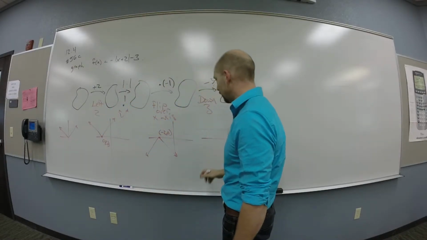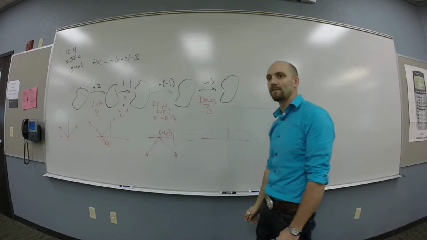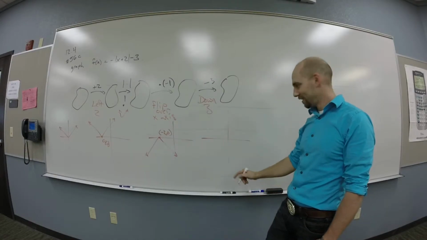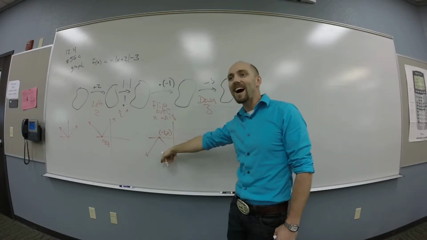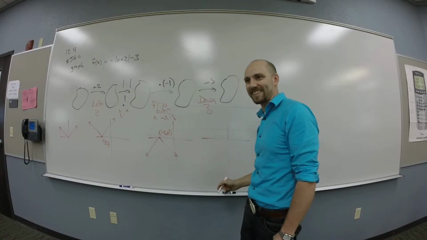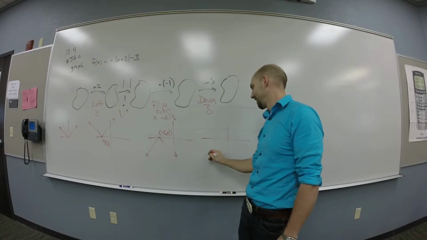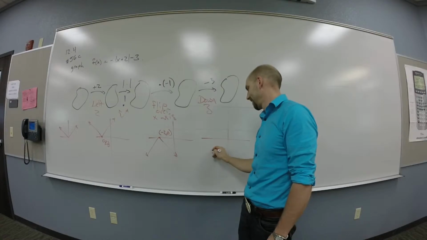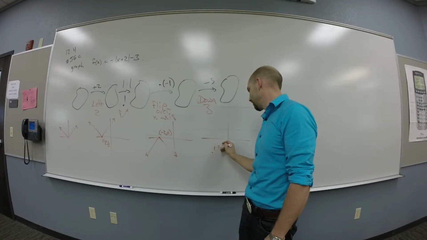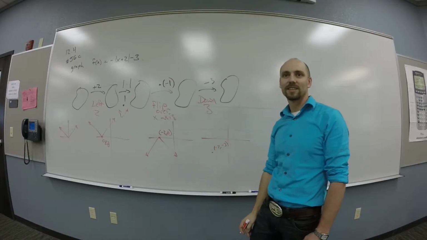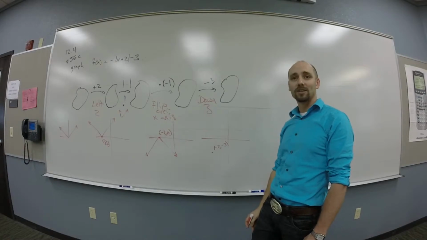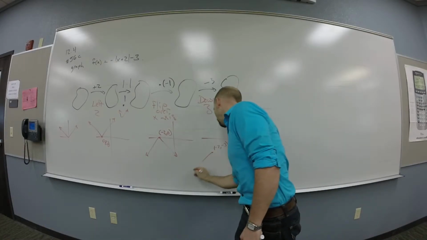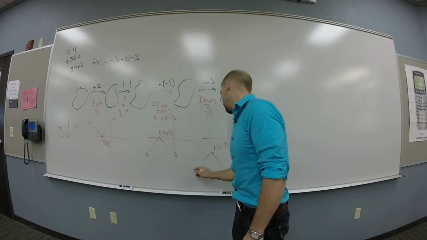So now where's the vertex? It's the same point but 3 down, right? So what are the coordinates? Negative 2, negative 3. You guys all see that? Because I changed the y's, right? So now I've got my V shape down there.